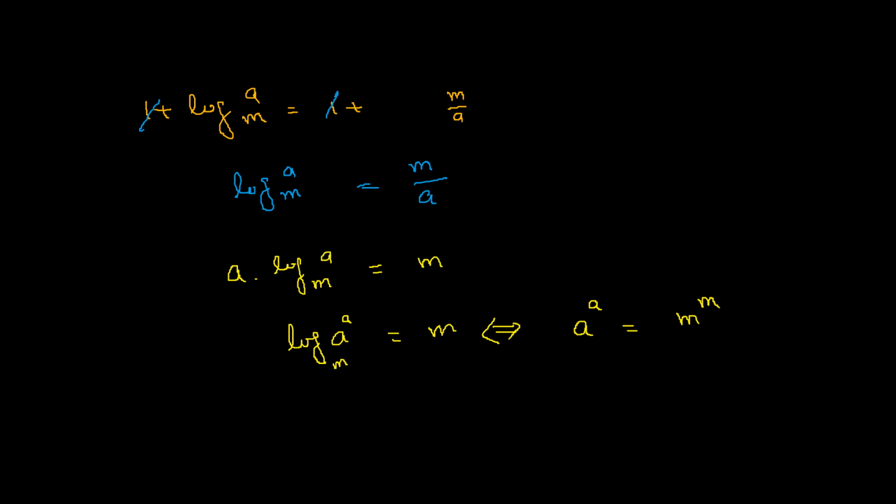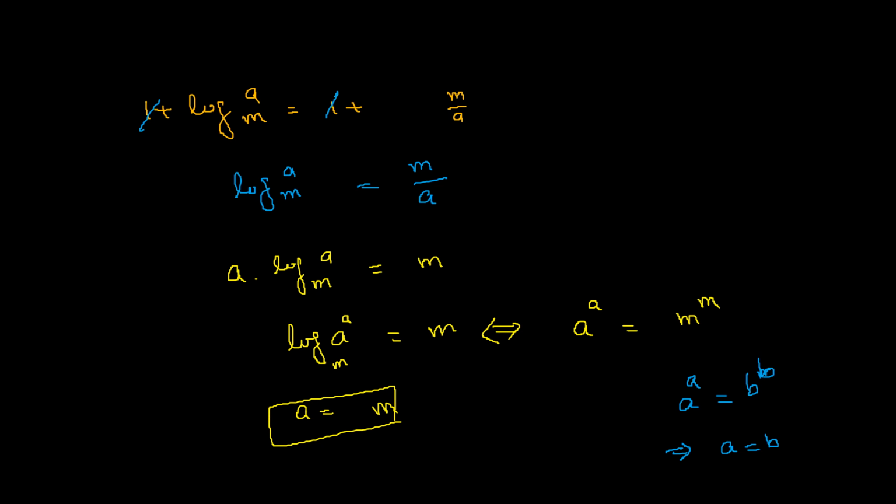And we know that if a raised to power a is equal to b raised to power b, then this implies a equals b. So from here we get a equals m.